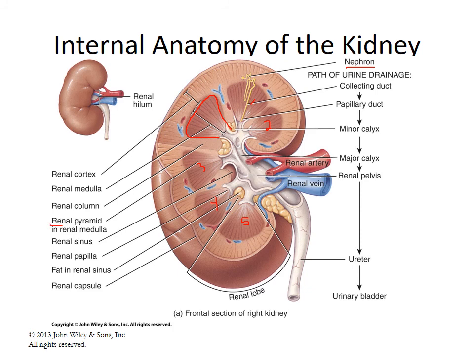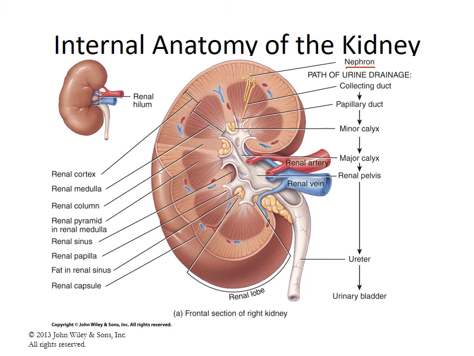The renal pyramids are really a 3D object that looks like a funnel. They're referred to as lobes as well. So inside the renal medulla, you're going to find these little things called renal pyramids. We're going to look at some of what goes on with them a little later on.